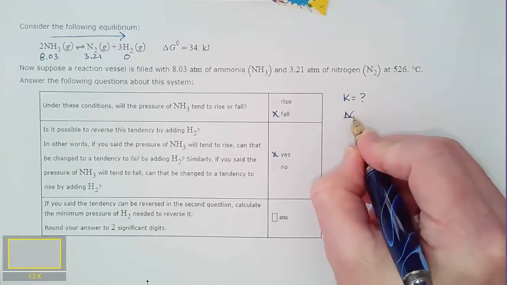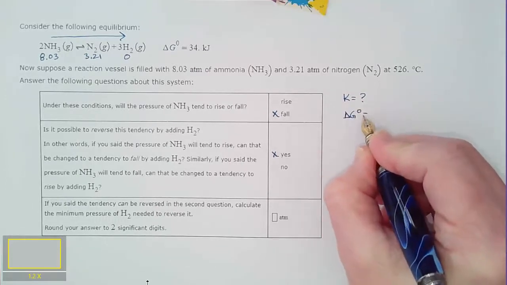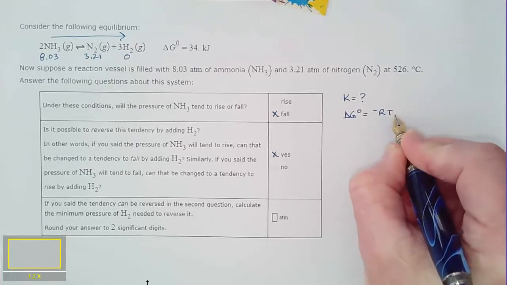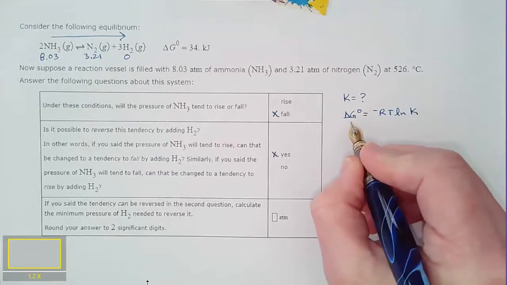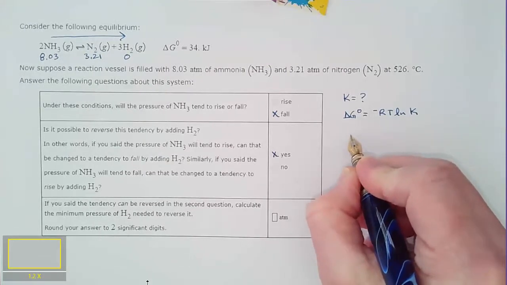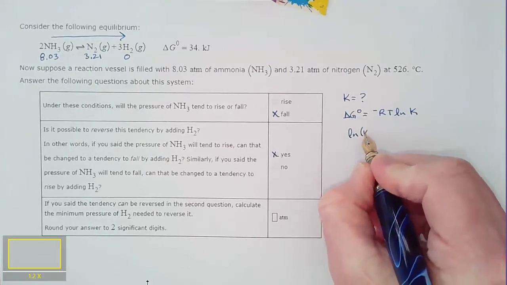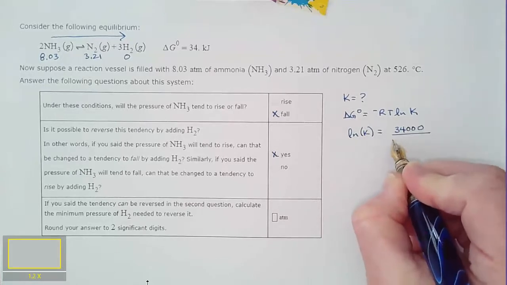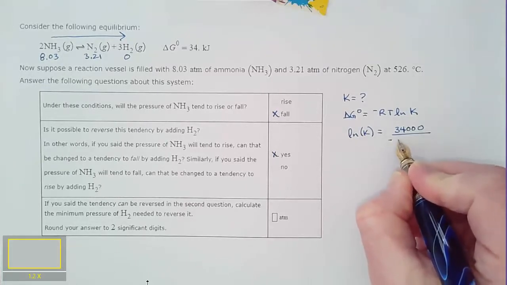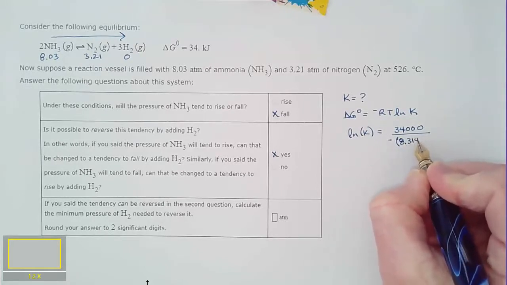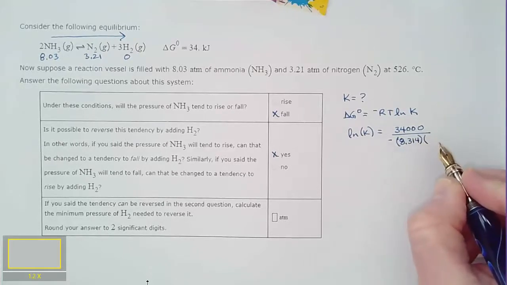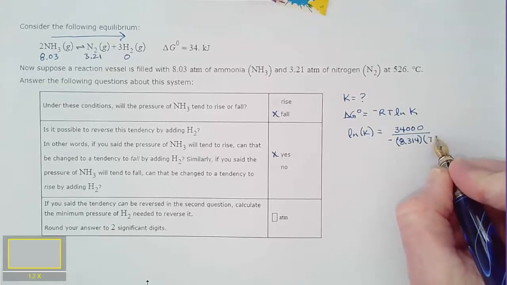Then we have our delta G0 equals negative RT natural log of K. Substituting in our values, natural log of K is 34,000 divided by negative 8.314 times our temperature, which is 799.